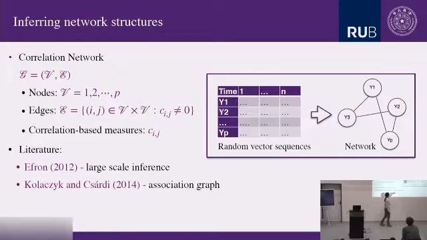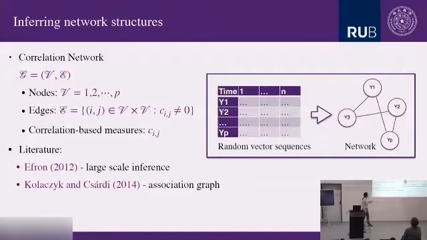We have Y_1 to Y_p, and at each time we have independent observations. The question is, what is the relationship between each pair of nodes? We want to infer a network from these random vector sequences.